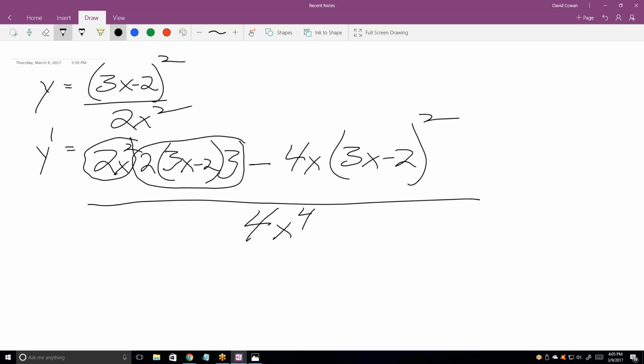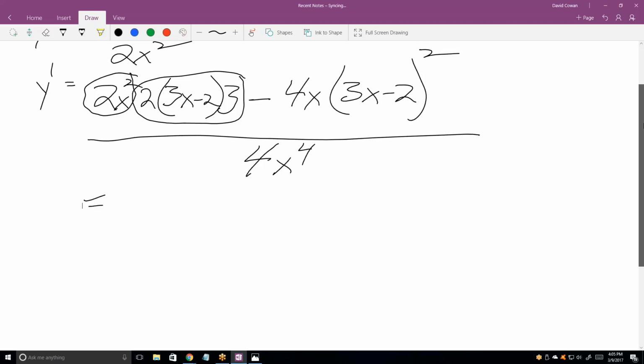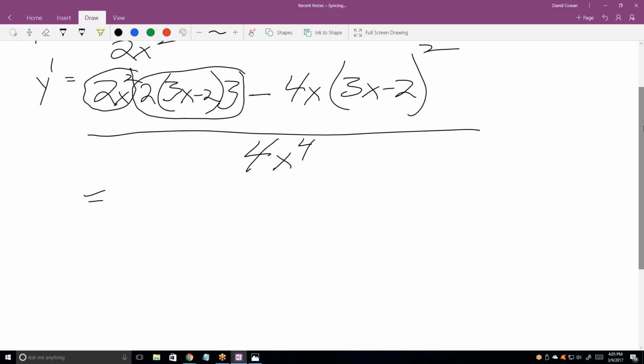Now, let's do a little simplification. Here's the thing about the quotient rule: the quotient rule isn't particularly hard. What's hard is all the algebra involved. And there's a lot of complex algebra involved. So let's first of all simplify that. And by simplify, you don't need to distribute everything, but you can certainly distribute the numbers.